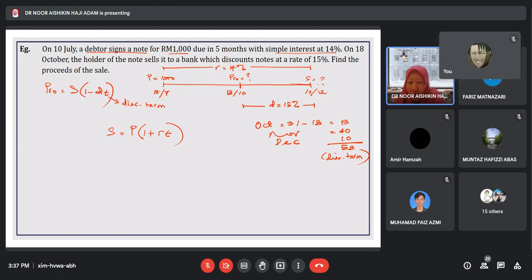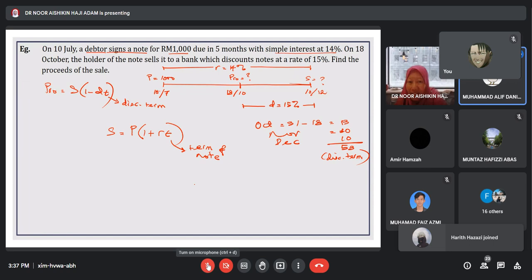You ada P, you ada R, you boleh cari T. And that can give you S. Ini adalah term of note. Term, term of note. Nampak beza tak term of note dengan discount term? Nampak.